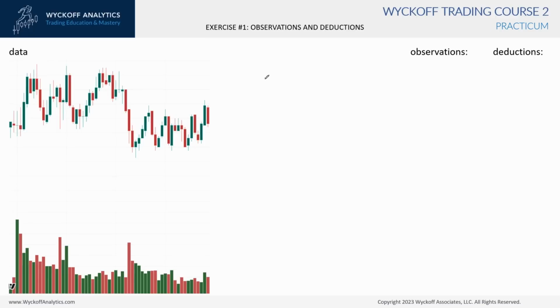Okay, question number 1: what is the background of this for this trading range? Should be very quick. I mean, it should be almost automatic for you guys.